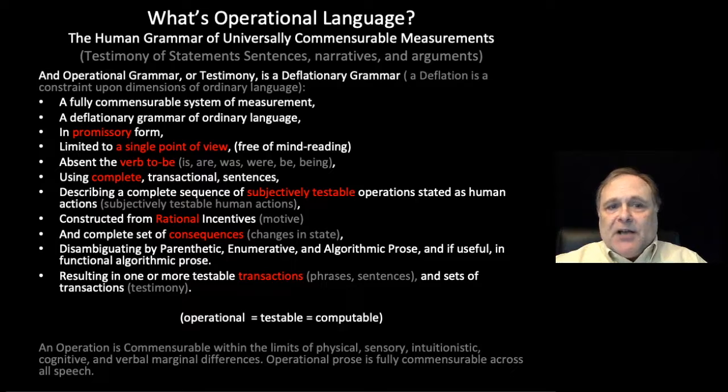We want it to be a deflationary grammar. It's removed from inflation, conflation, whatever. We want it to be in promissory form. Now, this is just a good habit, so it gets us out of God mode. We say, it is, or is different from, that's a God mode speech, like, I am the Lord, and I say that this is, to, I promise you will observe that. That's a statement of me saying something, not an ideal statement.